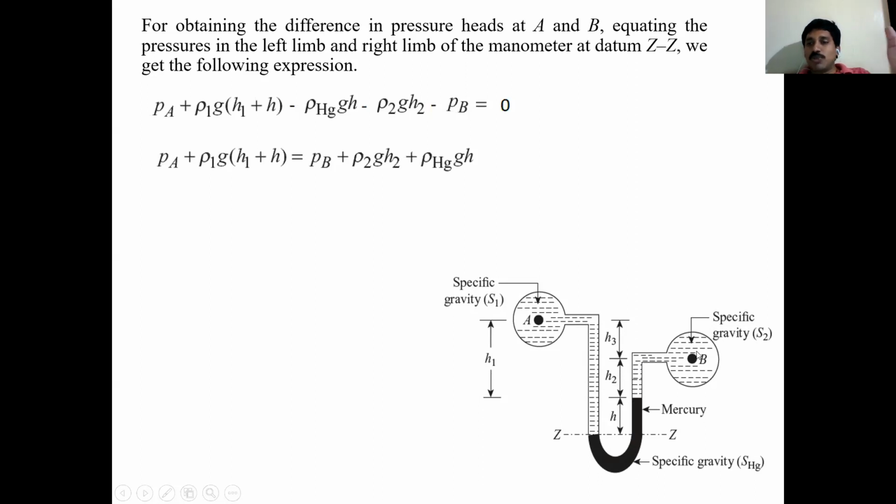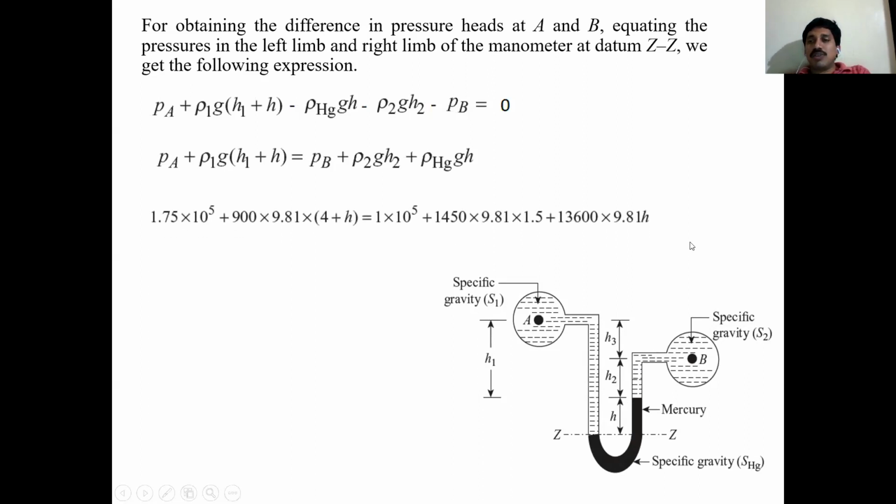Same thing as we explained in case 2. So the equation is PA plus rho 1 g (H1 plus H) is equal to PB plus rho 2 g H2 plus rho Hg g H. So we are going to substitute values.